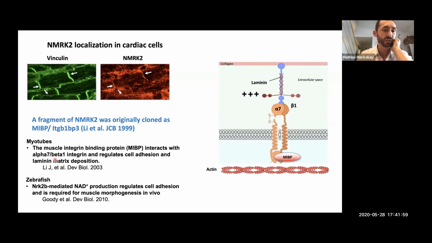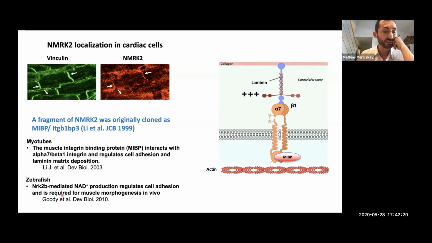And it has been shown to interact with the alpha-7 beta-1 integrin complex, which links the actin cytoskeleton to laminin and the collagen extracellular matrix proteins. And here it was shown to interfere with cell adhesion and laminin matrix deposition when MIBP is overexpressed artificially in myotubes.